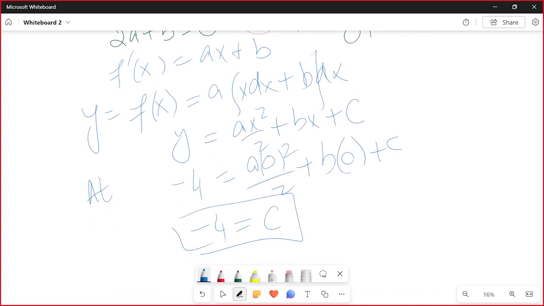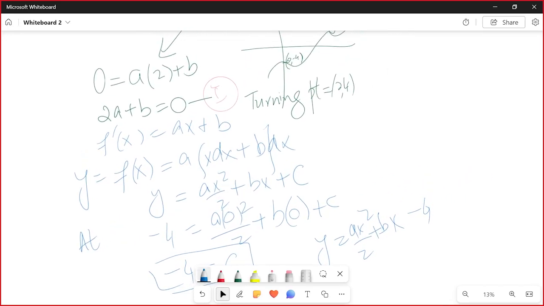The question was, determine the equation of this curve. So the equation comes something like this: y is equal to ax square over 2 plus bx minus 4. You get that? We have to find the value of a and b.